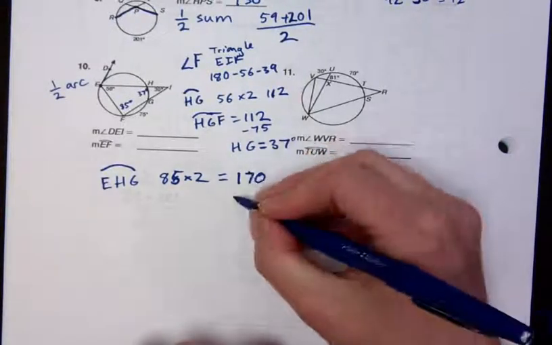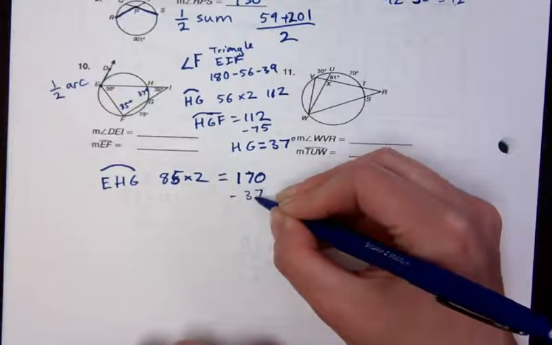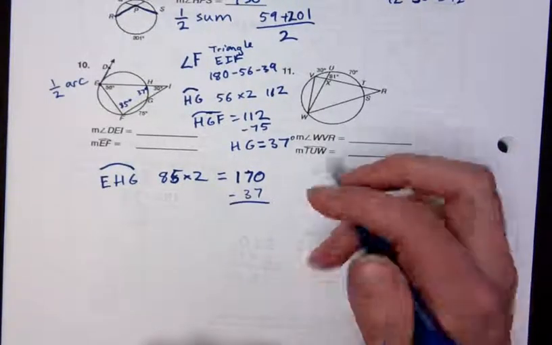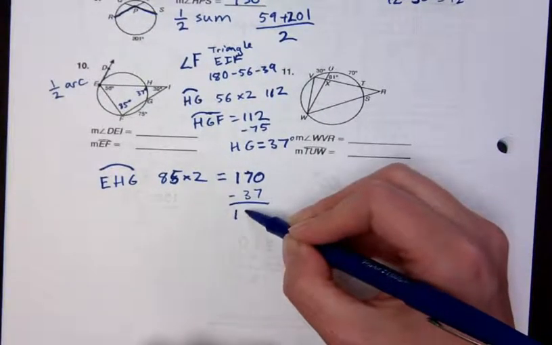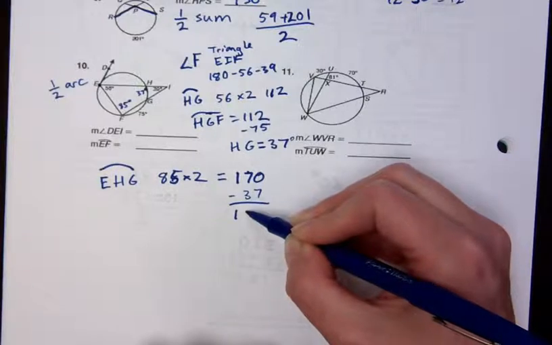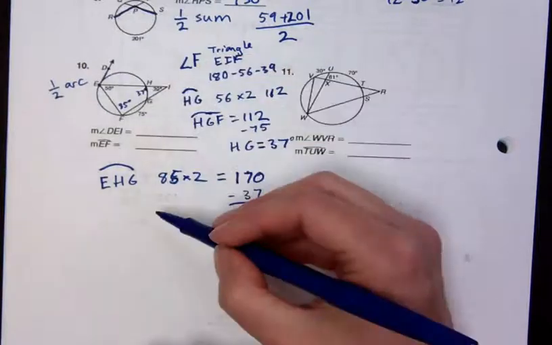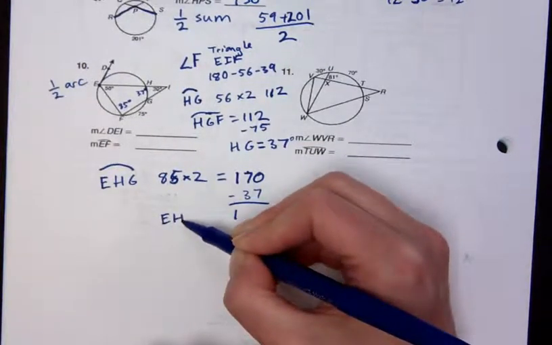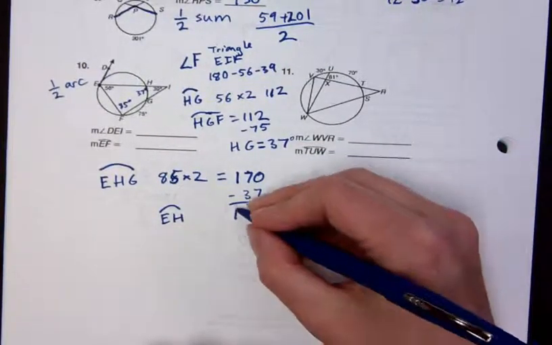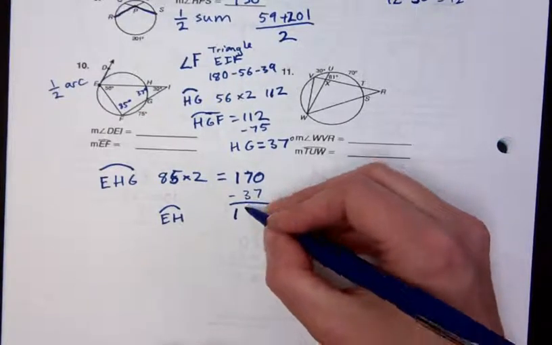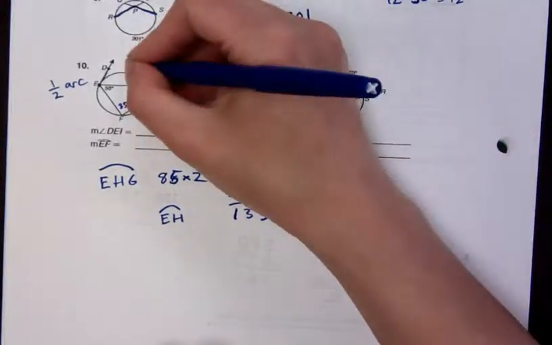Okay, and then I subtract the 37, which is what? 130. Well, if I'm just trying to find EH. Sorry, guys, what is it? 133. Okay. So I found 133.